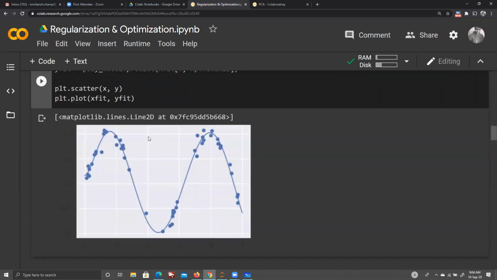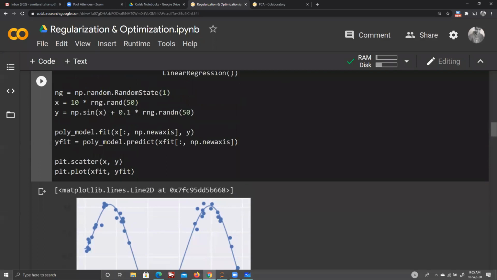Even if the data is of higher order, we are able to get a very good fit. You can see this data set is definitely not linear, it is very much a sine curve. But order of 7 is also able to approximate it very well. Make sense?